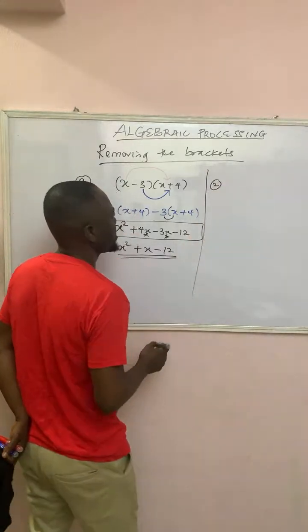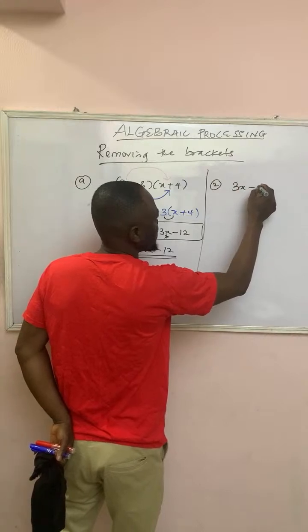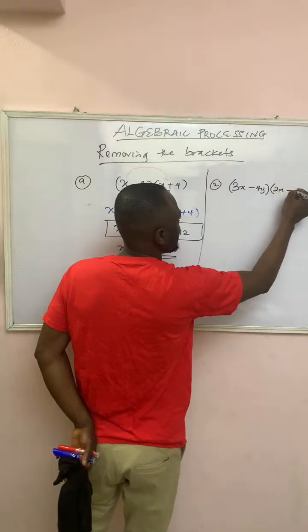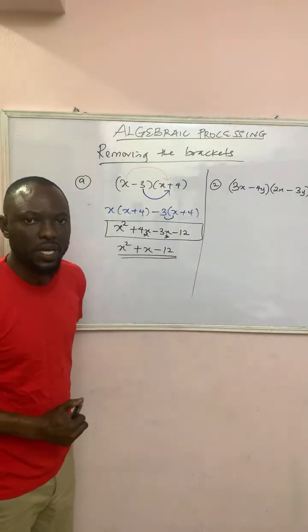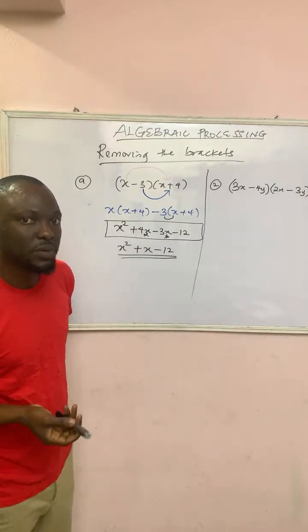Number 2. Let's say we have 3x minus 4y bracket 2x minus 3y. If we want to simplify this, we are going to follow the same rule. We want to remove the bracket.